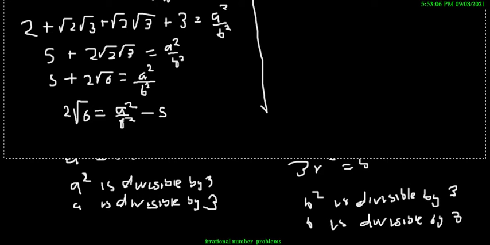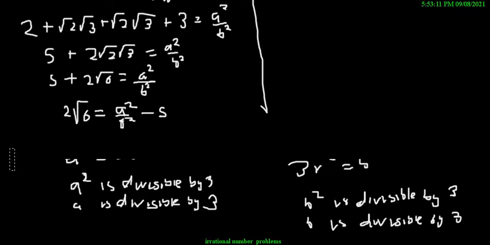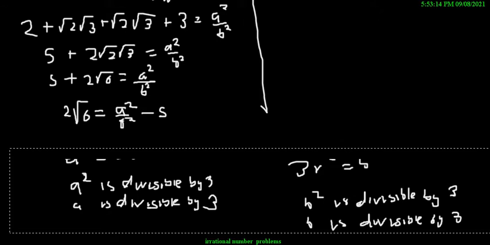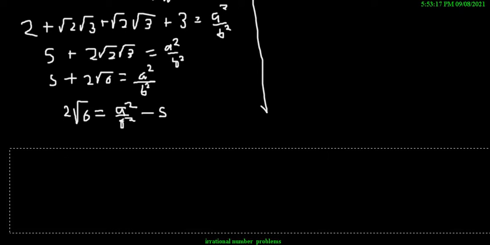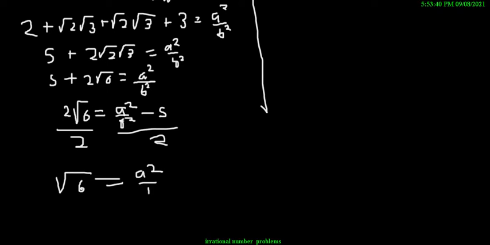Let me get rid of this part. Minus 5. And also we can divide this side by 2, and divide the other side by 2 also. So we're going to have square root of 6 equal to a squared over b squared minus 5, divided by 2.